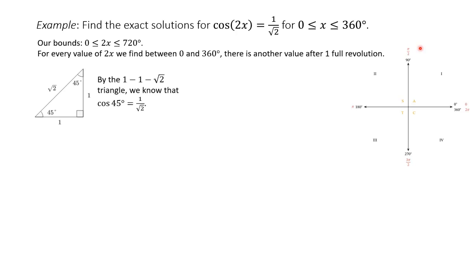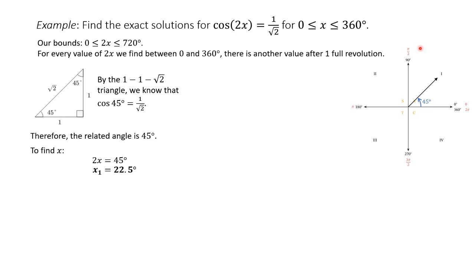So we can say that the related angle is 45 degrees, which we can draw on our axis. Therefore, if we want to find x, we're going to set 2x equal to 45 degrees. And then when we solve for x, we get the first value of x is 22.5 degrees.